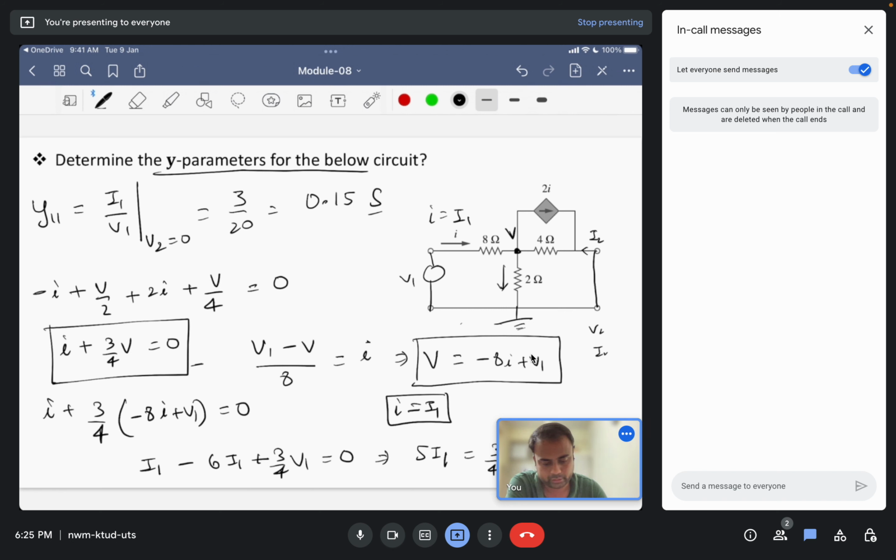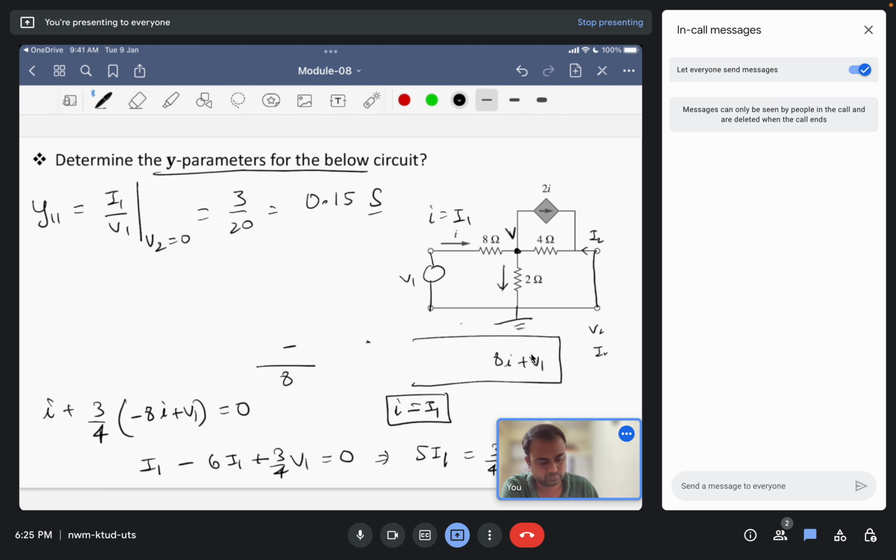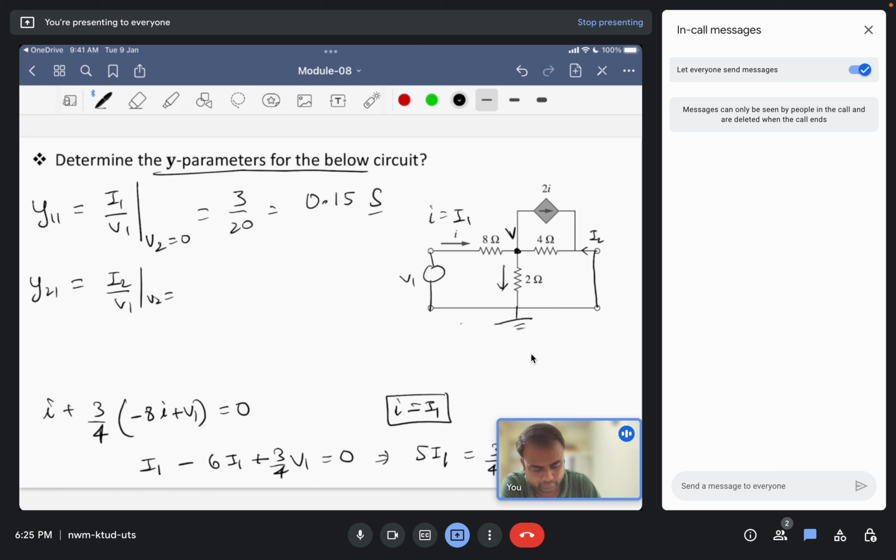So the second task will be to calculate Y21. So y21 will be I2 by V1 given V2 is equal to 0. Same case, but here we will have to calculate I2.